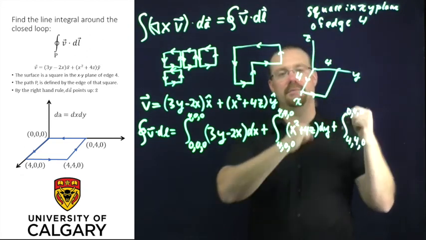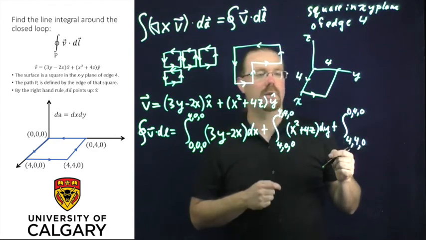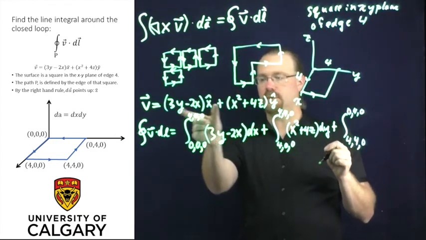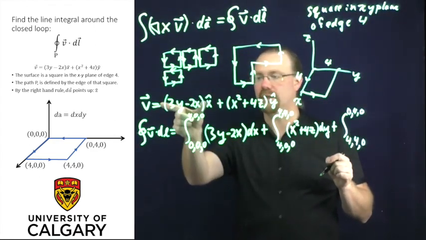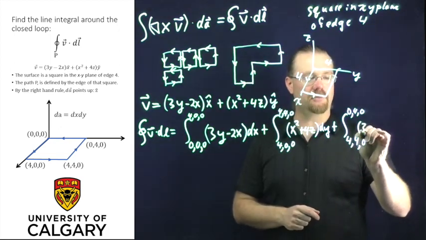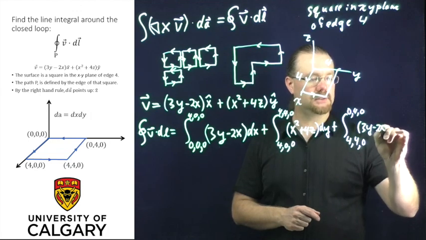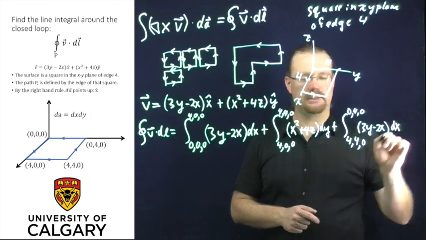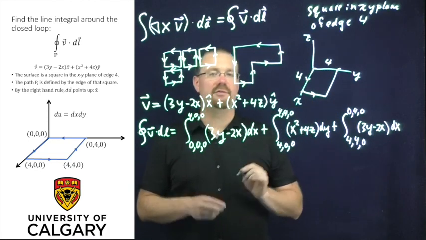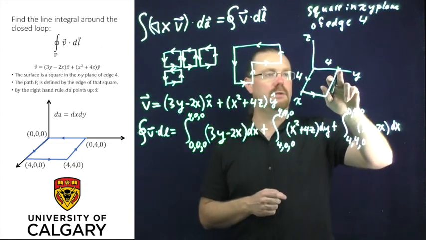That's taken care of in our limits of integration, going from 4 to 0. When we dot our dl with our vector, we're left with only this. So once again, we have 3y minus 2x dx.